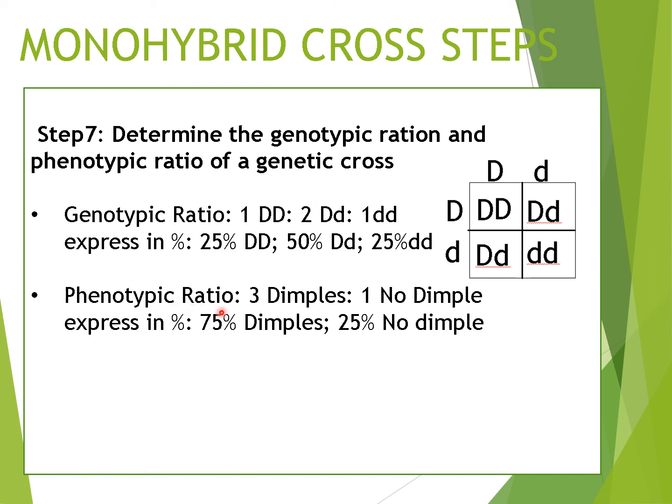So the phenotypic ratio will be 3 dimples. And because in our genotypic ratio we have 1 homozygous recessive genotype, the phenotypic ratio will be 3 dimples to 1 no dimples. It can also be expressed in percentage: 75% dimples to 25% no dimples.